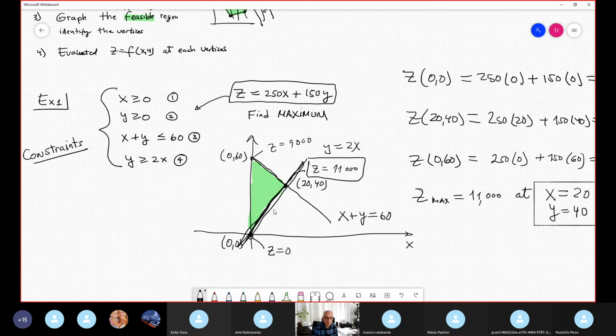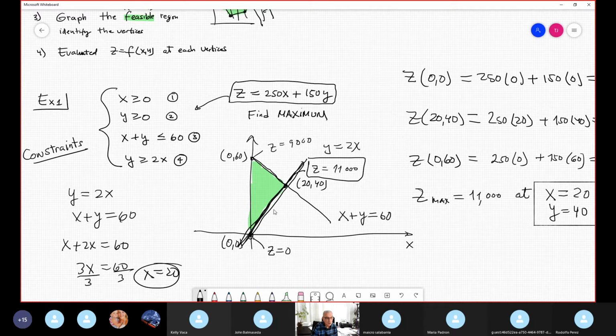And you form a system of equations exactly the same as we were doing before. For example, by substitution, instead of y equals 2x, you replace here: x plus 2x equals 60. This is 3x equals 60, divided by 3, x is 20. And plugging in here, y is 2 times 20, which is 40. Got it?